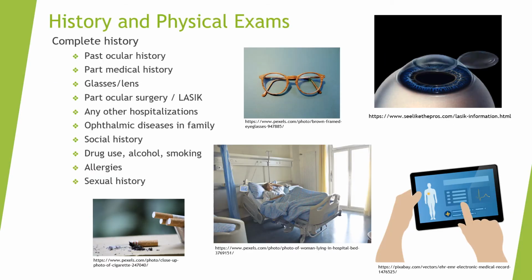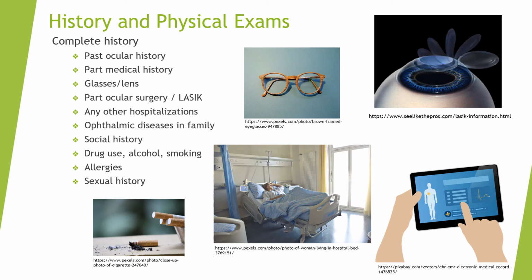So in seeing such patients, take a complete history, including past ocular and medical history, their status of wearing glasses or lens, any past ocular surgery or LASIK, any reason for hospitalizations in the past, as well as ophthalmic diseases in the family.